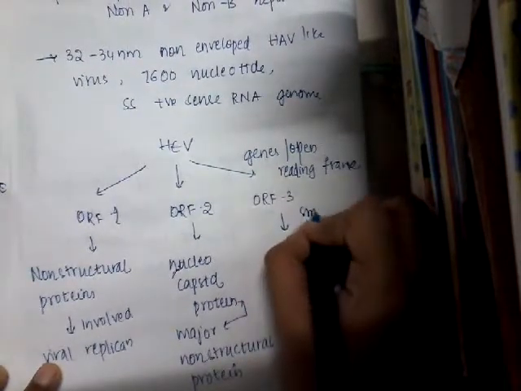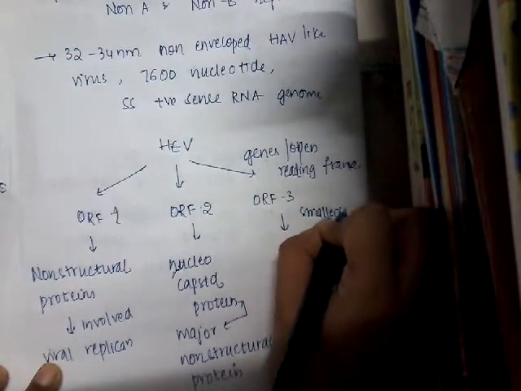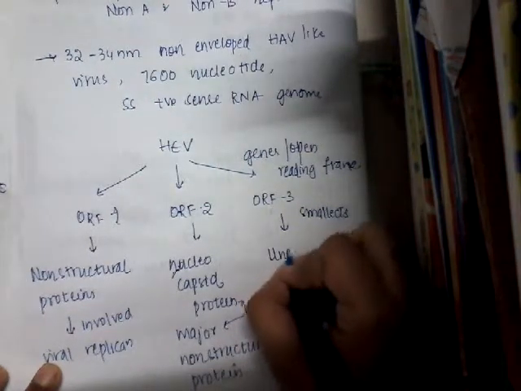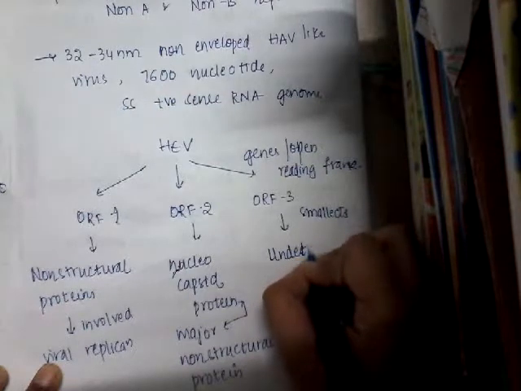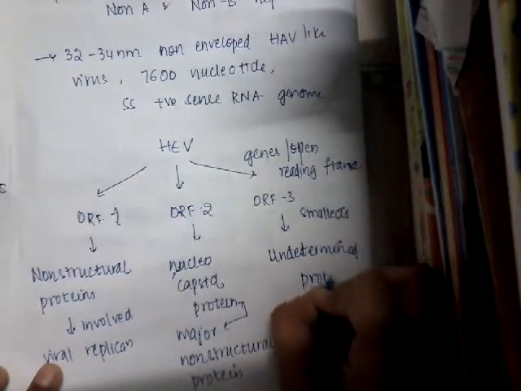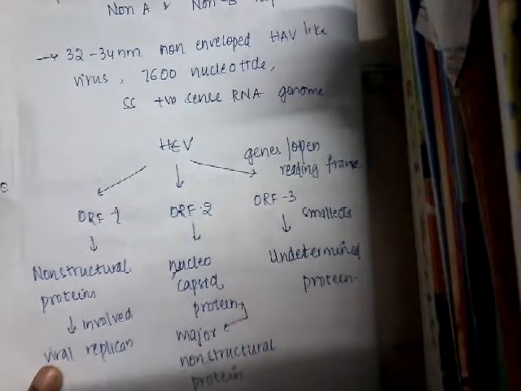ORF3 is the smallest, and it codes for a protein which is undetermined. So these are the 3 open reading frames available for HEV.